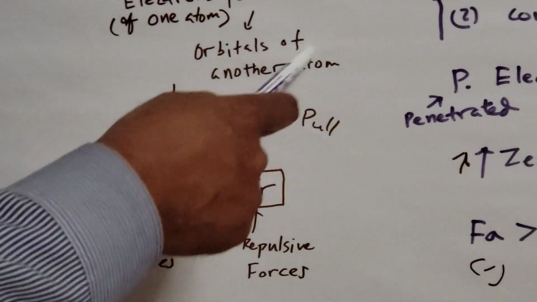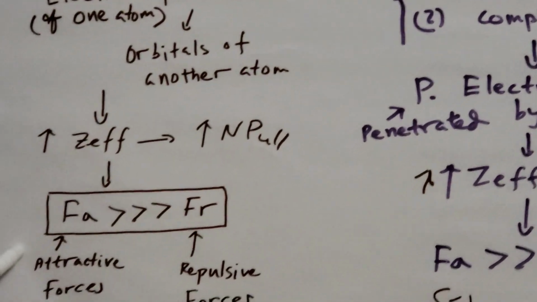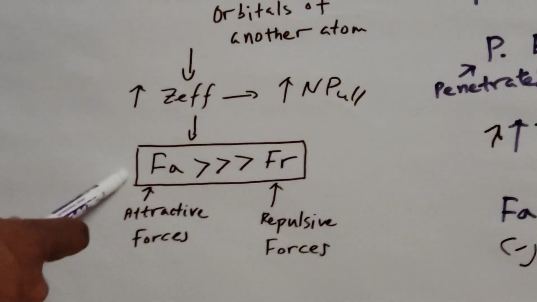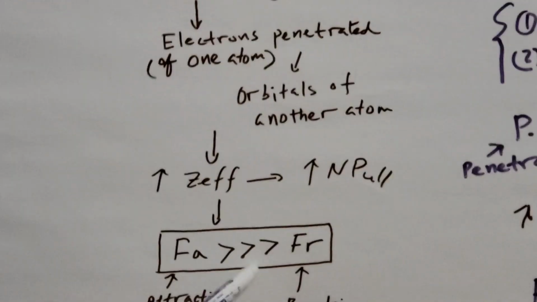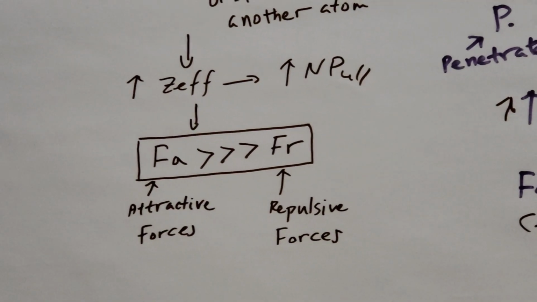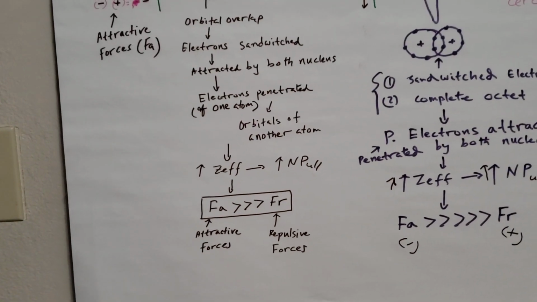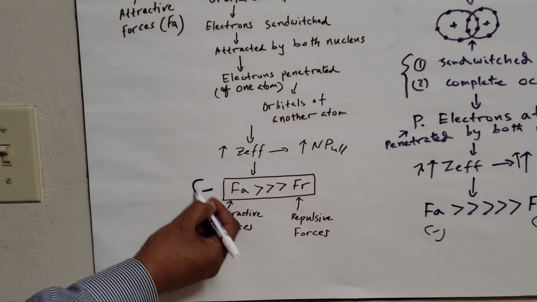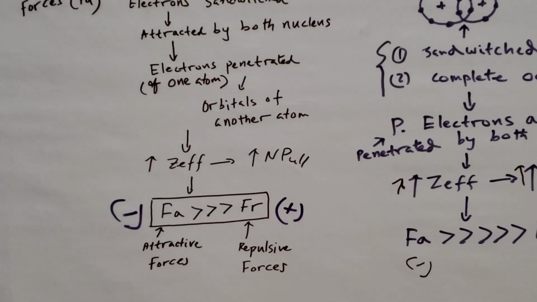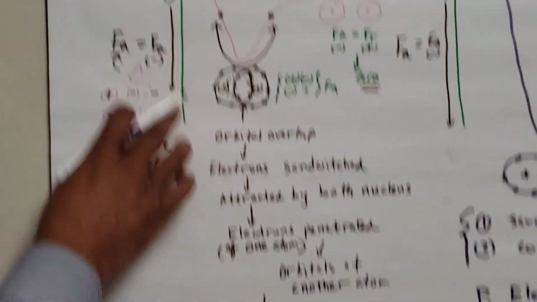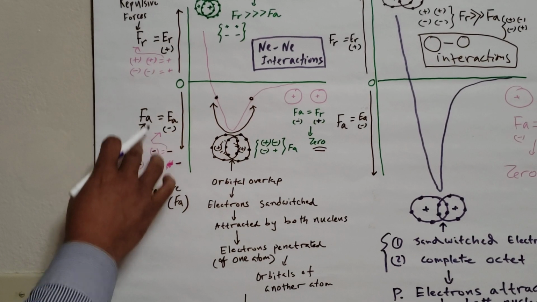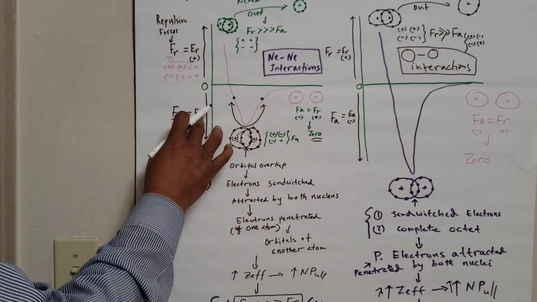Because of the high nuclear pull, you have a lot of attractive forces, Fa, and your Fa is much higher than the repulsive forces, Fr. Since attractive forces are negative and repulsive forces are positive, you are getting a drastic decrease in energy.